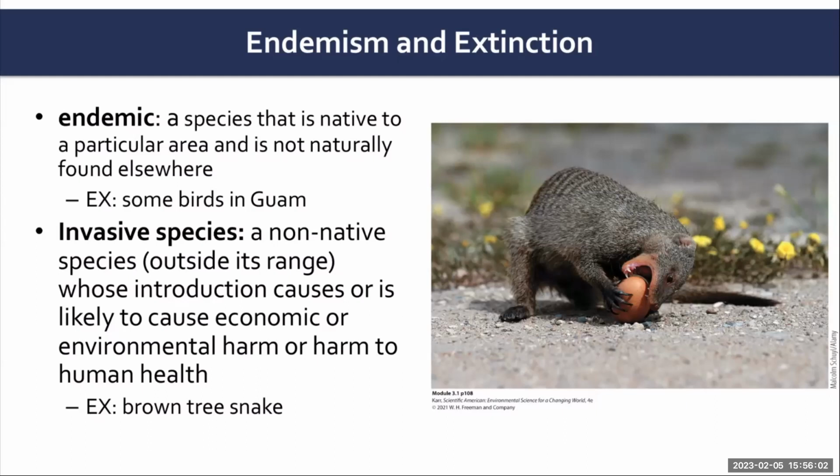This example on the right here is an invasive mongoose on the Hawaiian Islands. Kind of like Guam, the Hawaiian Islands have experienced really dramatic declines in bird populations.